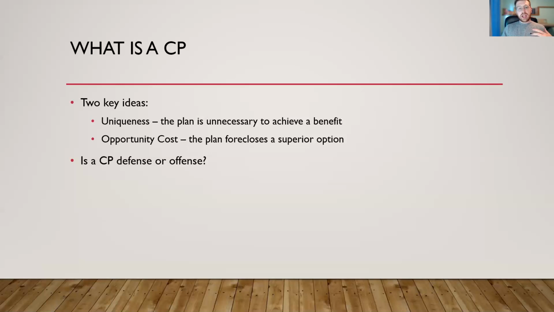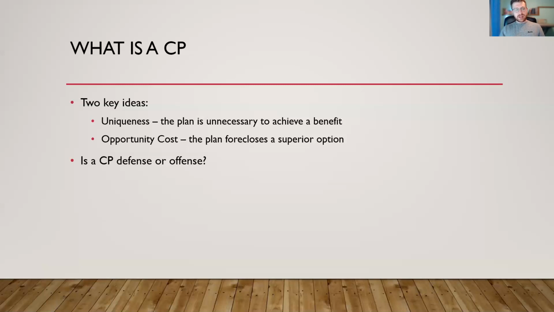A counterplan can be both of these things, right? So a counterplan can say it solves the AFF and it can claim some benefit to doing the counterplan that is foregone by doing the plan, right? A process counterplan typically will attempt to do both of these things.